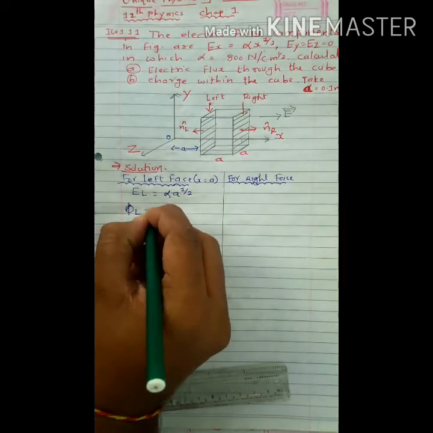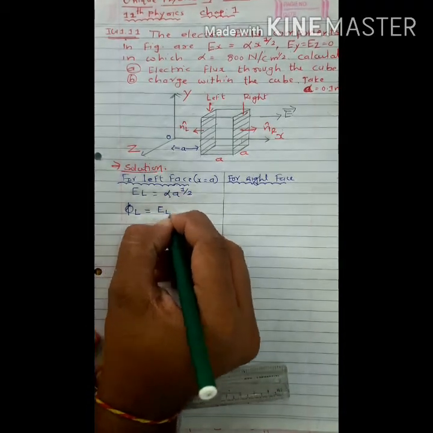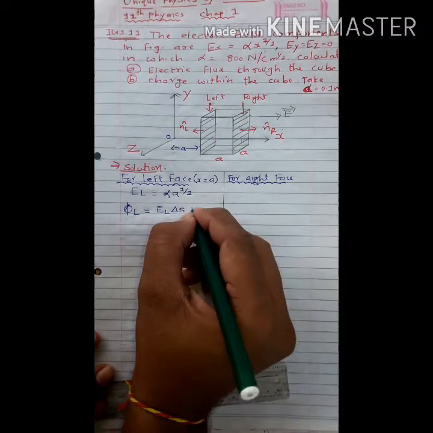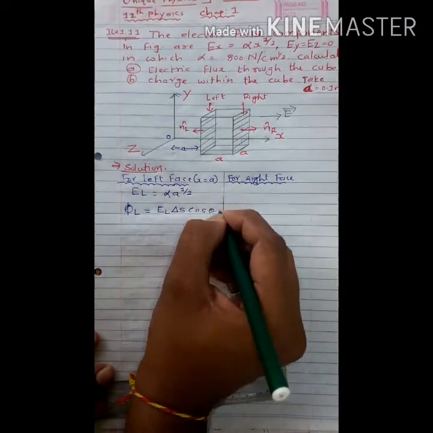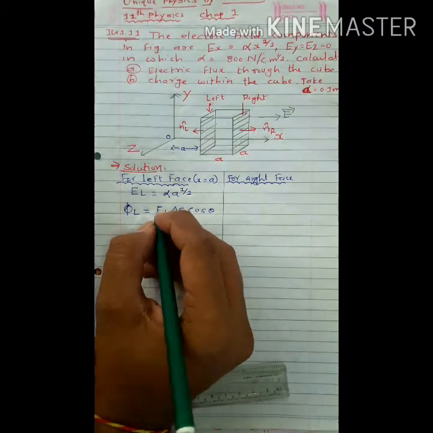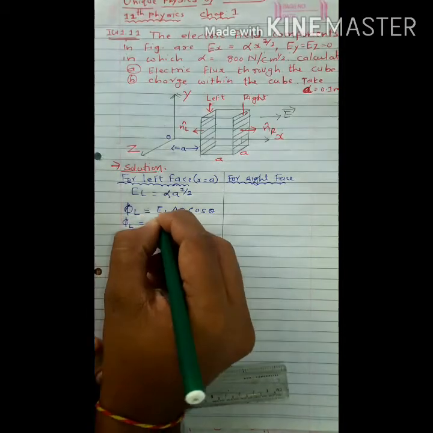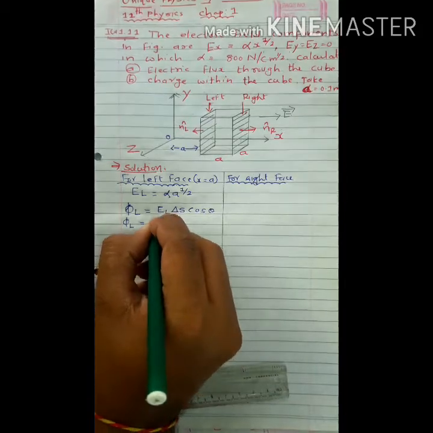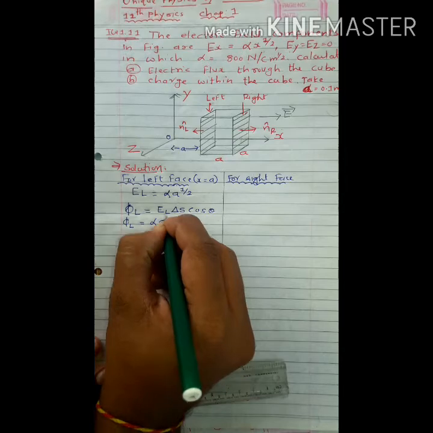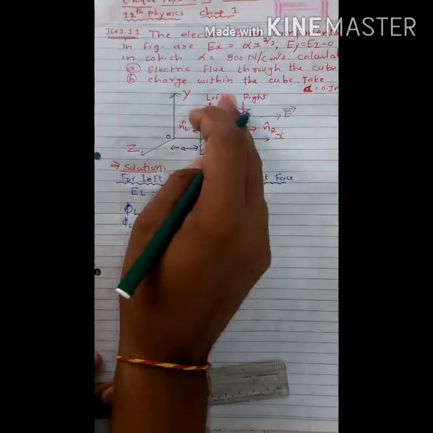Now find the electric flux. Electric flux for the left face, phi L is equal to, here we use its simple form, EL, the electric field, into area delta S into cos theta. Now substitute the different quantities. phi L is equal to EL, which is alpha into a raised to 1 by 2, into delta S. Delta S means the area of this face.